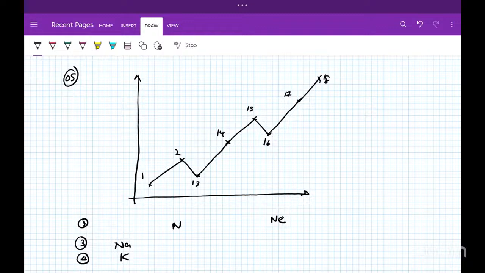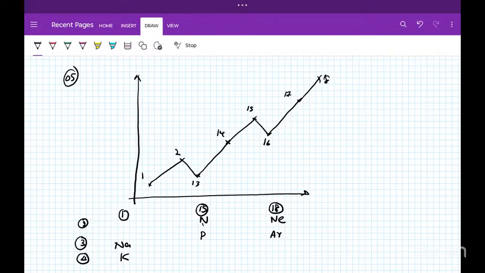Then phosphorus is given. Phosphorus is in the third period, 15th group. Then we have argon as well. Argon is in the third period, 18th group. So this is 18th, this is 15th, and this is the first group. The groups are also given like this.